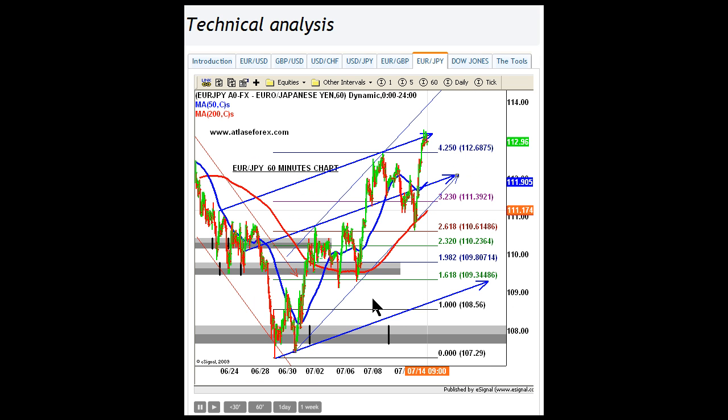Let's see it on the 60 minutes. Wow, we designed the trend line for days now. You can check it from the previous videos. We just hit it right on the nose. Fantastic. 425, return to 2618, going up. From here it goes to the next level, the 685 level of this Fibonacci.